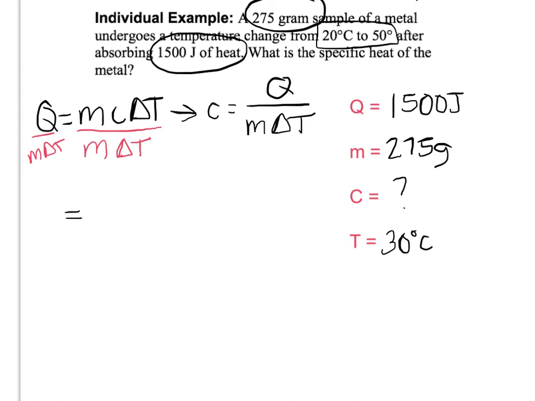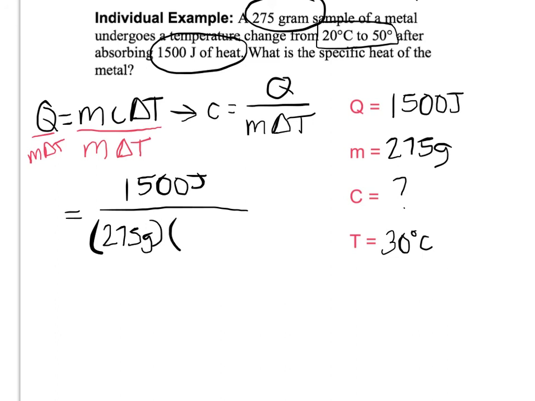So 1500 joules on top divided by 275 grams times my change in temperature, which is 30.